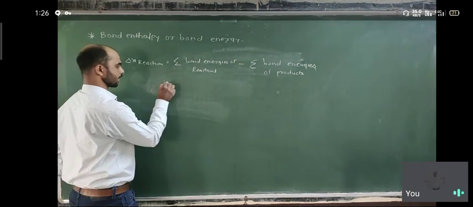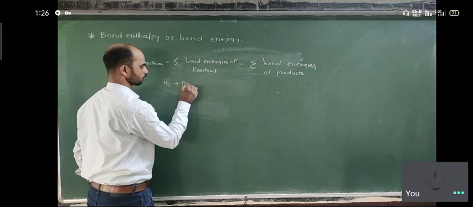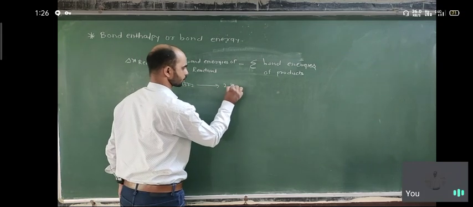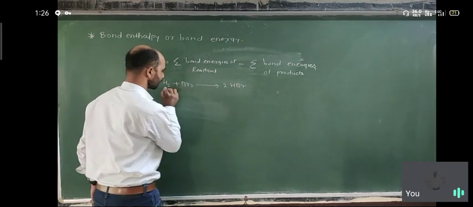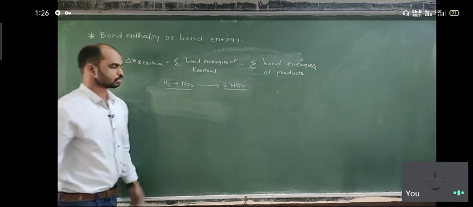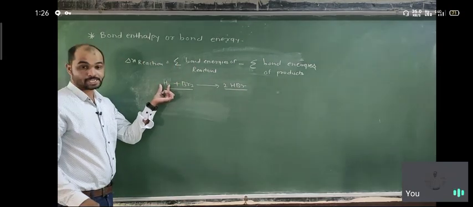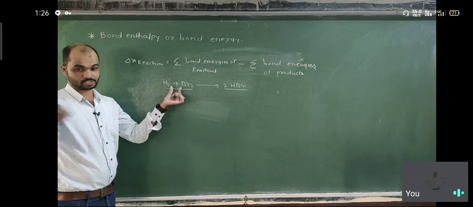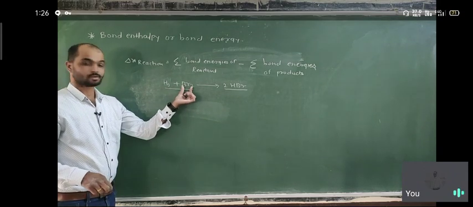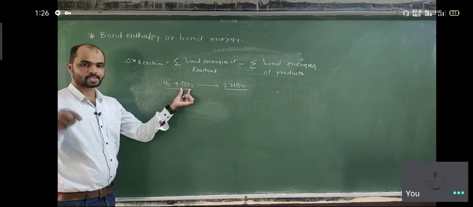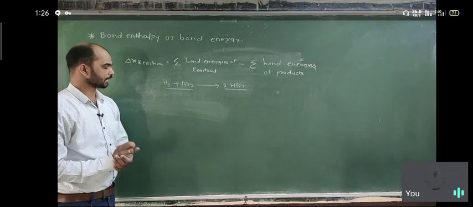Suppose we consider this reaction, H2 plus Br2, which converts into twice HBr. So here is the reactant, here is the product. Here there are two types of bonds. The H-H bond is present, and its energy is listed in the table. Br-Br is also present, and again its energy is listed in the given table.